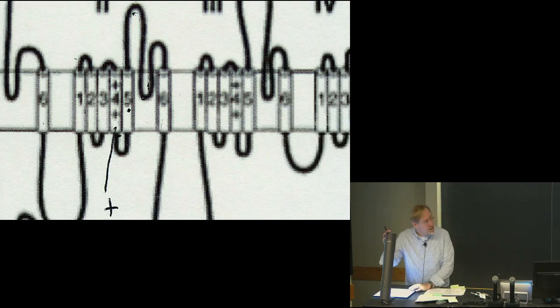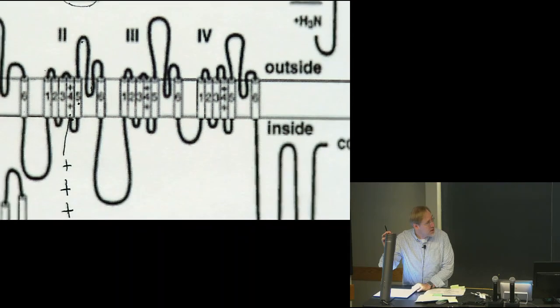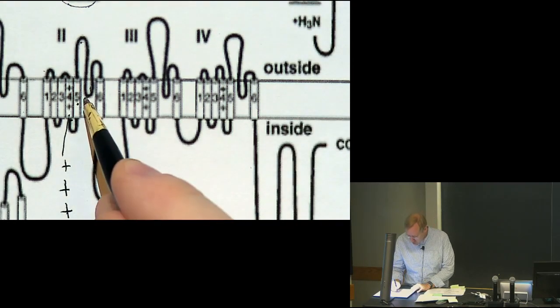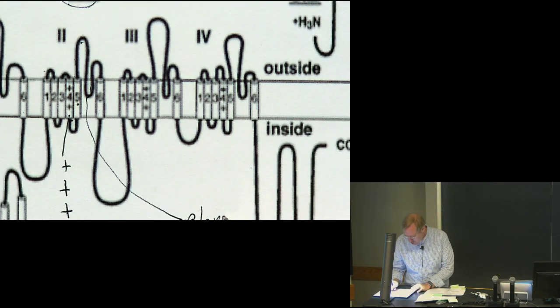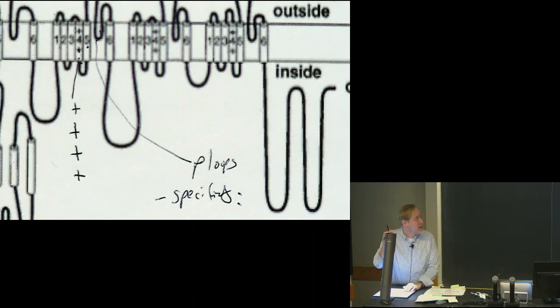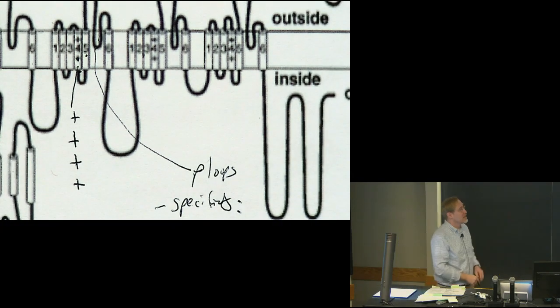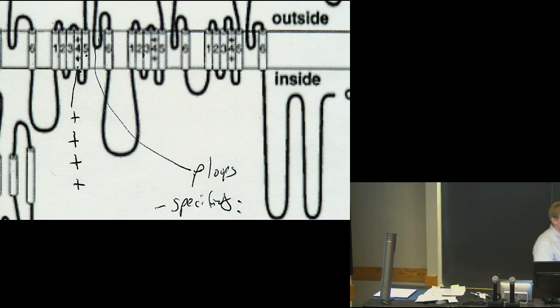The 4 different repeats of these all come together, and those might provide the specificity of the protein. So, P loops, specificity. And these are repeated in each of the domains. Yes, sorry, I just write P loops specificity. For which type of ion comes through. We'll unpack it.